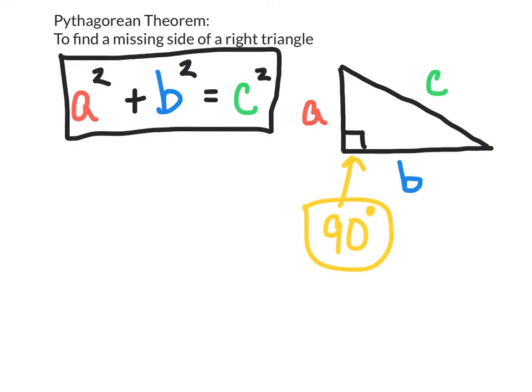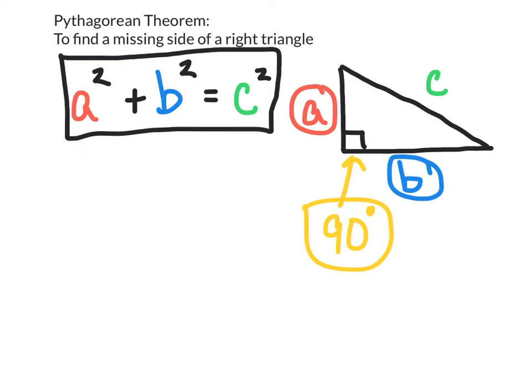So the first thing I want to talk about before I actually do an example is the order of things here. It is very important that a and b are what we call the legs. You'll notice here that a is on this side and b is on that side. Those are what we call the legs of the triangle.